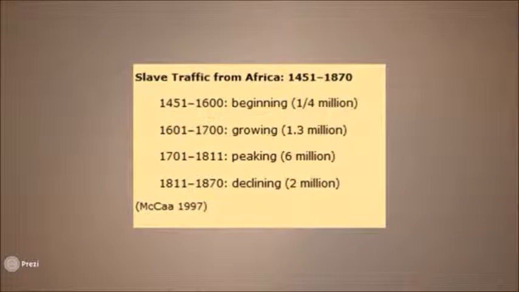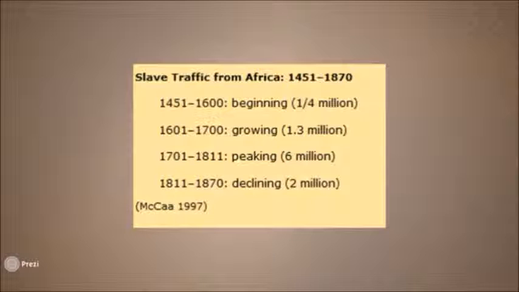The last slide summarizes the total number of deported slaves during 4 periods. First one from 1451 to 1600, with 1/4 million. Second, from 1601 to 1700, with 1.3 million. Third, 1701 to 1811, with 6 million.